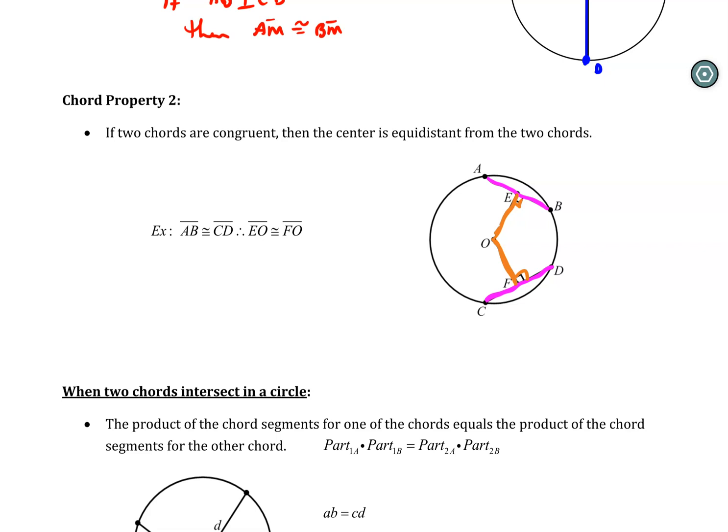So this, like I said, is not as common to see on a normal basis, but from time to time, if you have this, it does make it helpful. So basically what it's saying is that if line segment AB and line segment CD are congruent, so I have 2 equal chords, and if I was to draw a line segment from O to the midpoint of each of those segments, and they're perpendicular to those chords, then these are in fact congruent themselves.